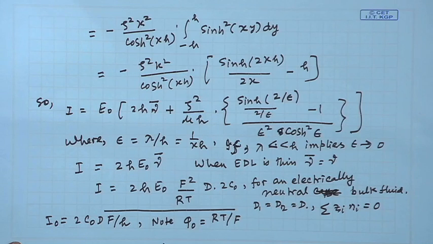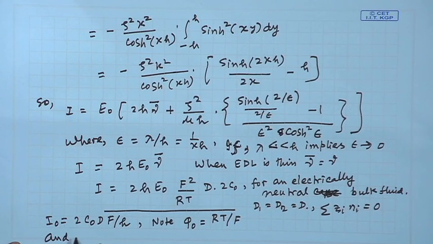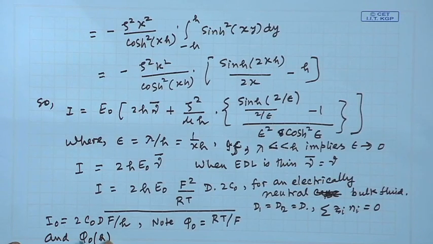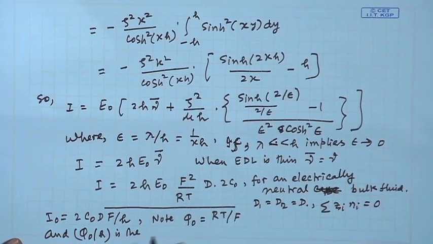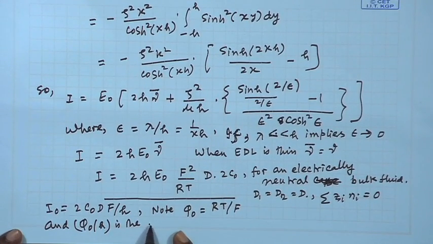So then I0 is the characteristic current density, and phi 0 by H is the scale for the electric field.